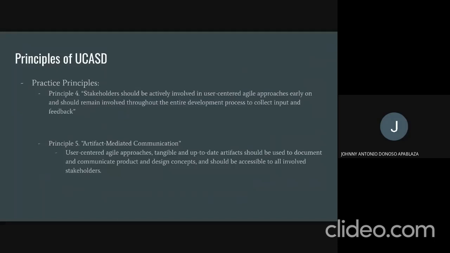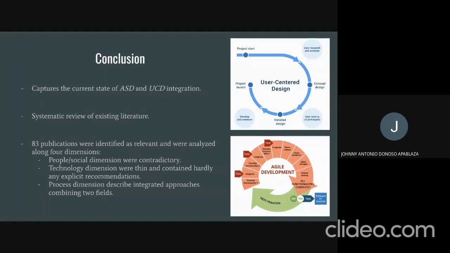While agile software development focuses on working prototypes, user-centered design provides different artifacts to document stakeholder needs and communicate design ideas. For this reason, in a user-centered agile approach, tangible and up-to-date artifacts should be used to document and communicate product and design concepts, and should be accessible to all involved stakeholders. And now my colleague Richard will explain the conclusion.